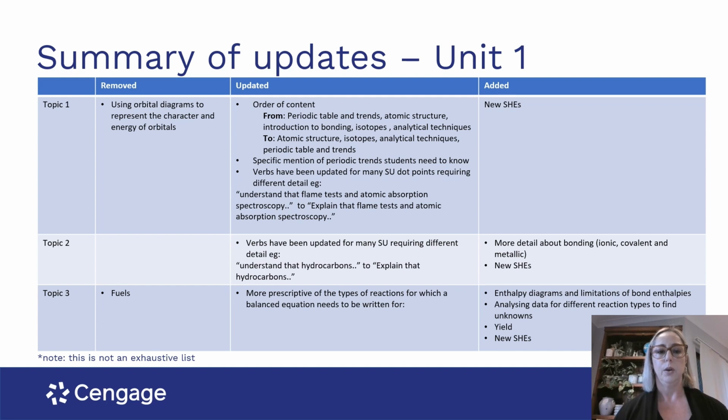Then in fuels, in Unit 1, they're more prescriptive about the types of reactions that a balanced equation needs to be written for. Also added are some enthalpy diagrams and limitations of bond enthalpies in this section, and also analysing some data from different reaction types to find unknowns, and included yields and also some new science as a human endeavour topics as well.